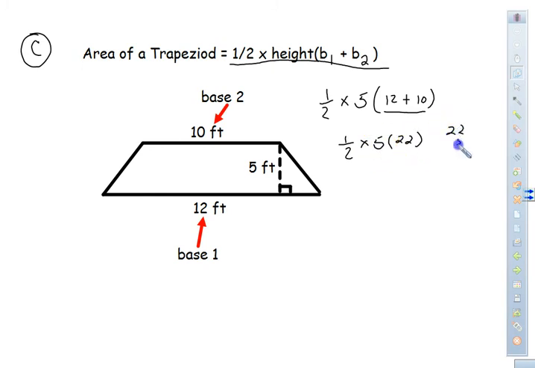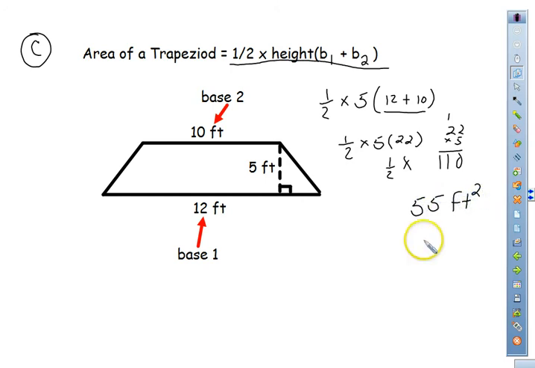If you do 5 times 22, you can see that you're going to end up getting 110, and then times 1/2 times 110, and you get the 55 square feet. And that is the area of that trapezoid. Again, we're going to talk more about the trapezoids tomorrow as well.